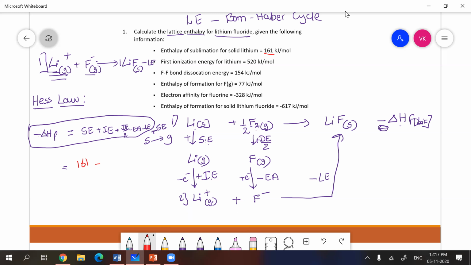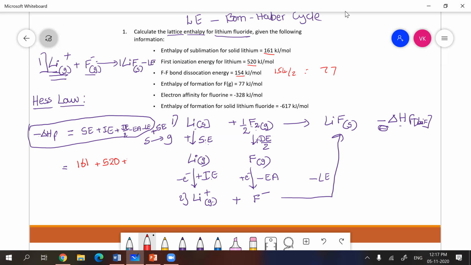161 kilojoules per mole. Ionization energy is 520, so it should be a positive value. Plus dissociation energy should be a positive value. Where is the dissociation energy? You see, bond dissociation energy is 150, and this is for 1 mole, but we want half. So divide by 2. 154 divided by 2 is equal to 77.